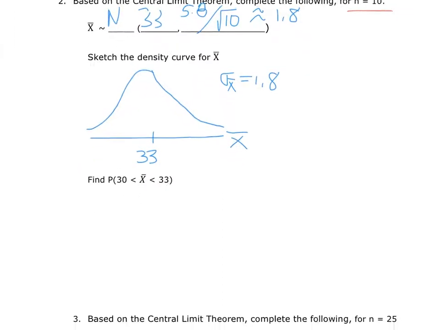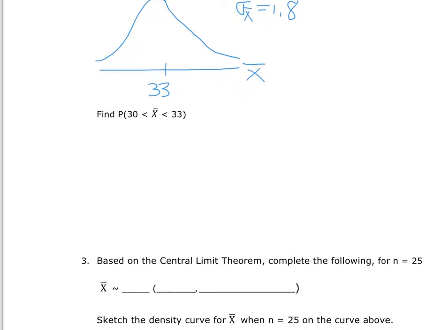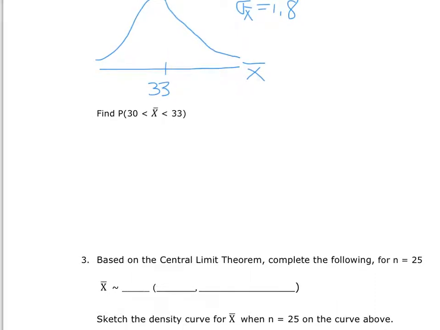Now let's find the probability about x bar. Because x bar is normal, we are not going to use the uniform distribution to find this probability. We're going to use the normal distribution. So we want to find z-scores and find this probability based on those z-scores.